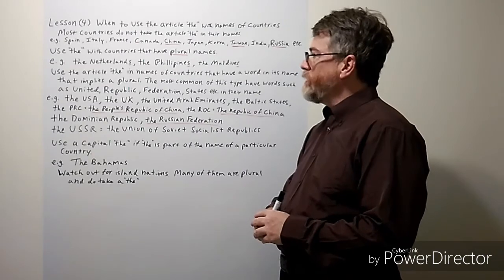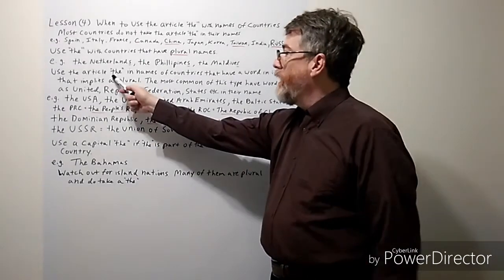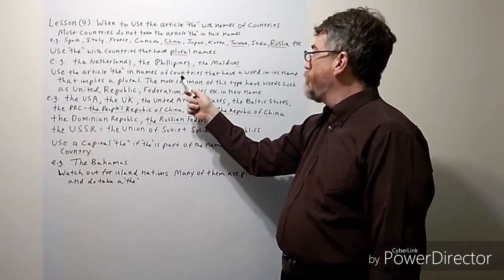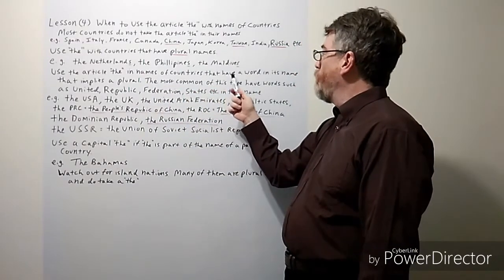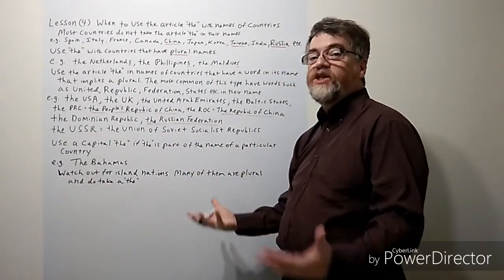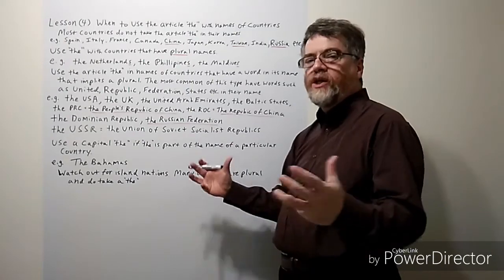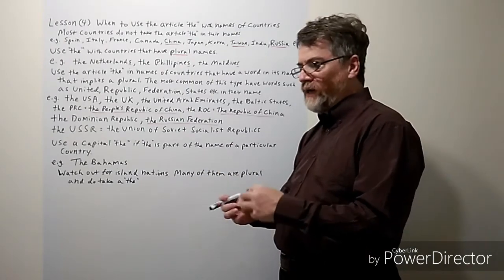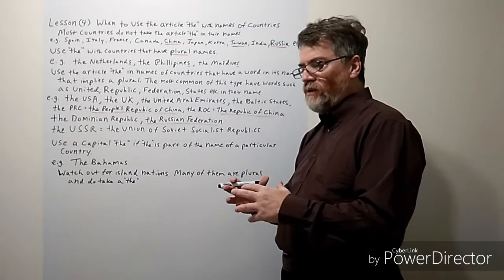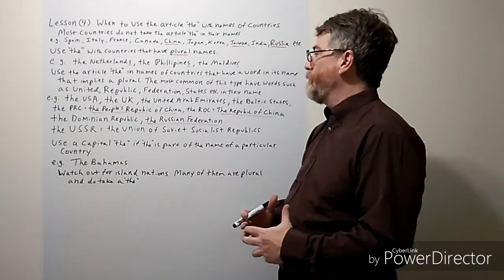What's more tricky is the next part. Use the article "the" in names of countries that have a word in their name that implies or suggests a plural. So it's usually something to do with a union or a group of states or a group of areas that have come together and formed a government.